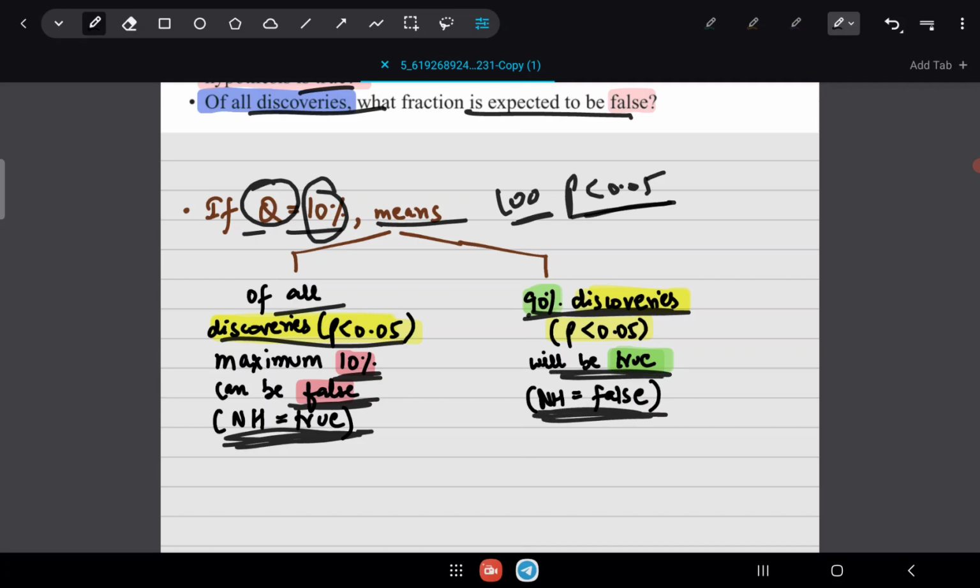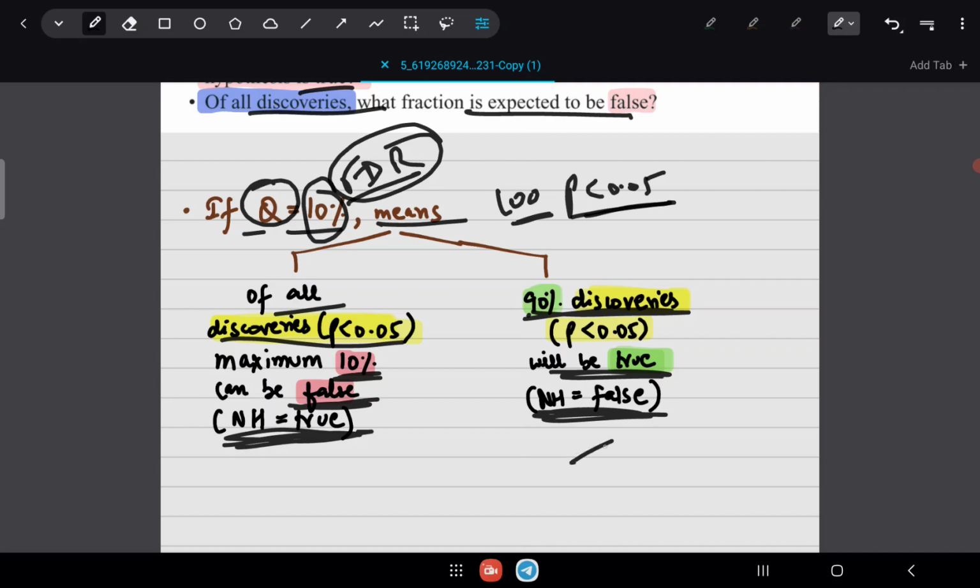Okay, I hope this is clear. I will tell you once again. When Q is 10%, the false discovery rate is set at 10%. In this correction, I'm controlling the FDR at 10%, meaning of all the 100 experiments in which the p-value is significant, in a maximum of 10 experiments it will be falsely significant, meaning the null hypothesis will actually be true in reality, and in the rest 90 experiments the null hypothesis will be false in reality.